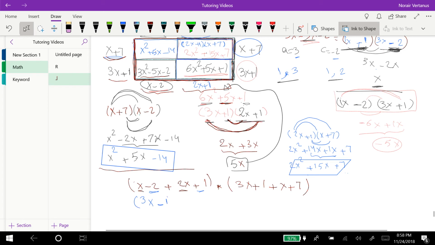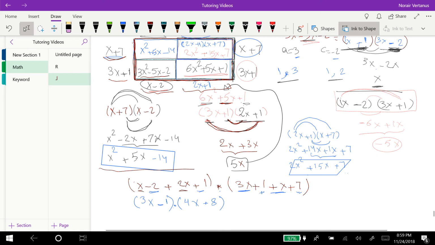So that simplifies into a binomial. Times, that's the times here. I can combine 3x and x together. 3x plus x is going to be 4x. And this one with this one, positive 1 plus 7, it's going to be just plus 8. So this is the base times height, and it's in product form.